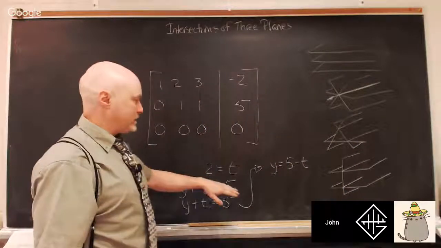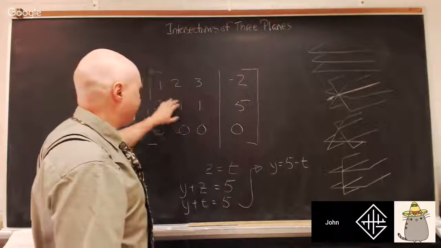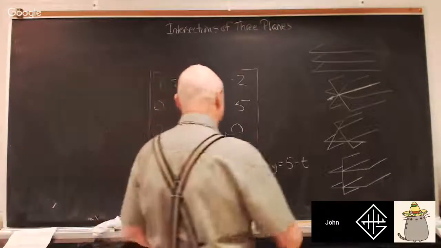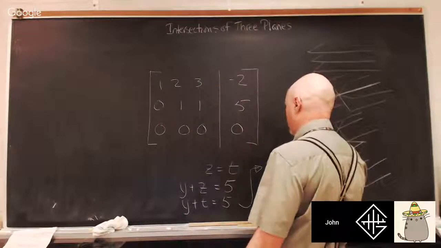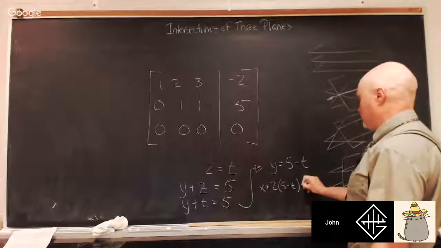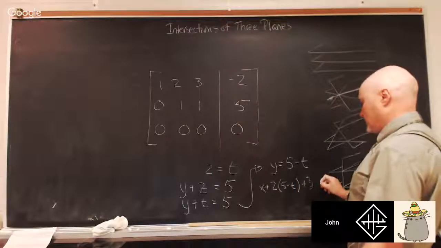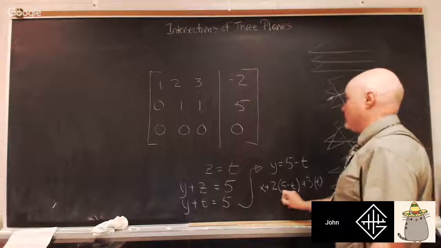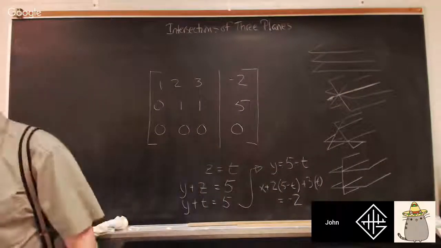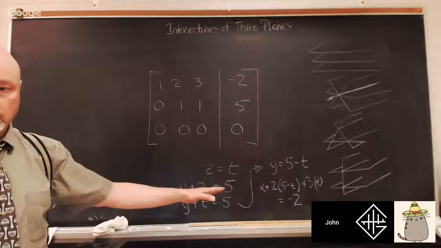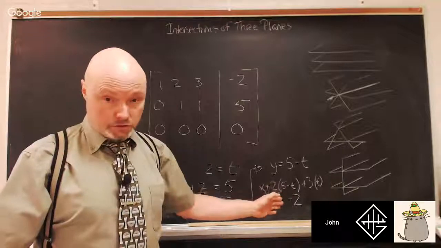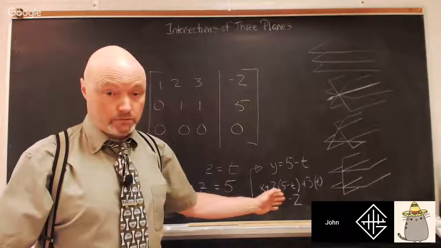So z is equal to t, y is equal to 5 minus t. And then the last step is to do the substitution into the x. So x plus 2 times 5 minus t plus 3 times t is going to be equal to -2. I just don't want to erase any of my planes. And I wind up with the parametric solution, which is a line for all three.